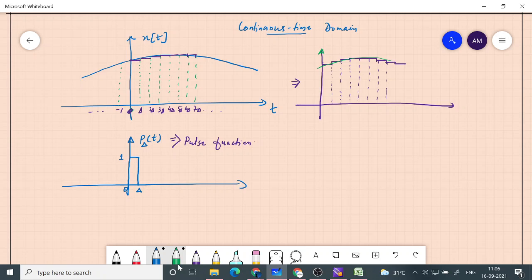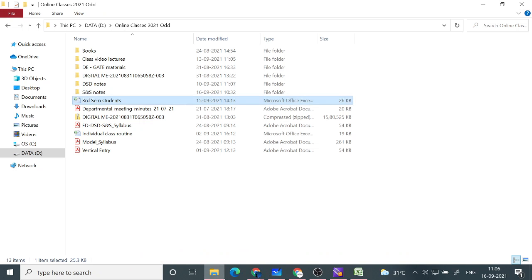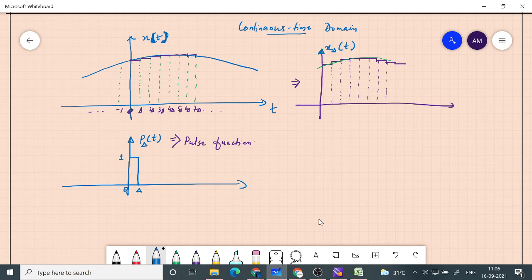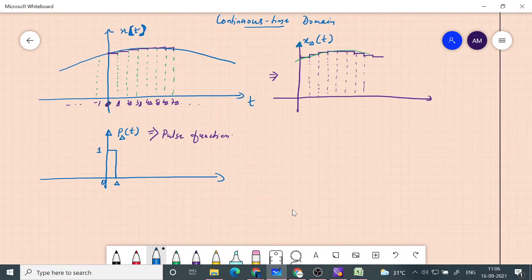I will call this function x with a suffix delta. This is continuous time, not square brackets, so it will be x delta of t. Now I want to construct x delta of t using the pulse function. So how can I do that?